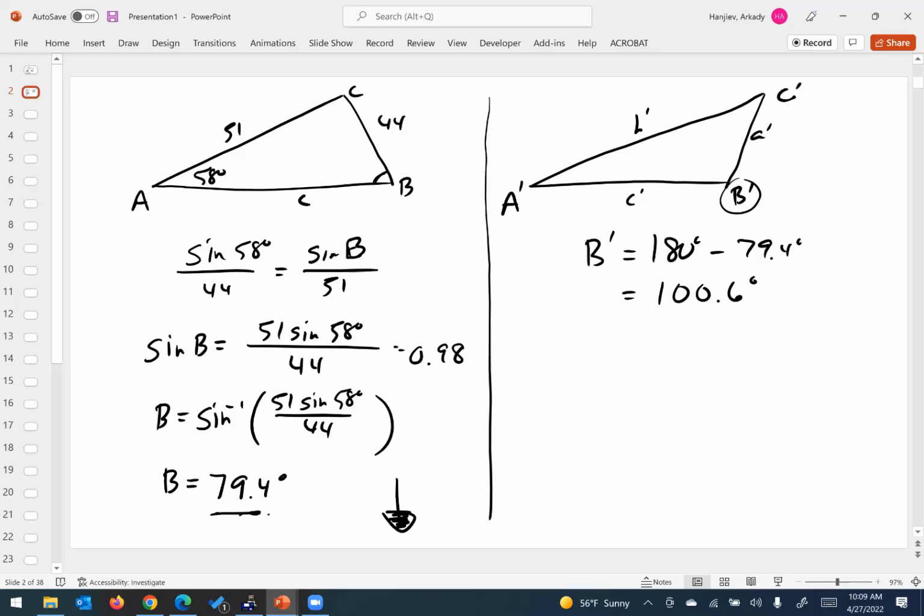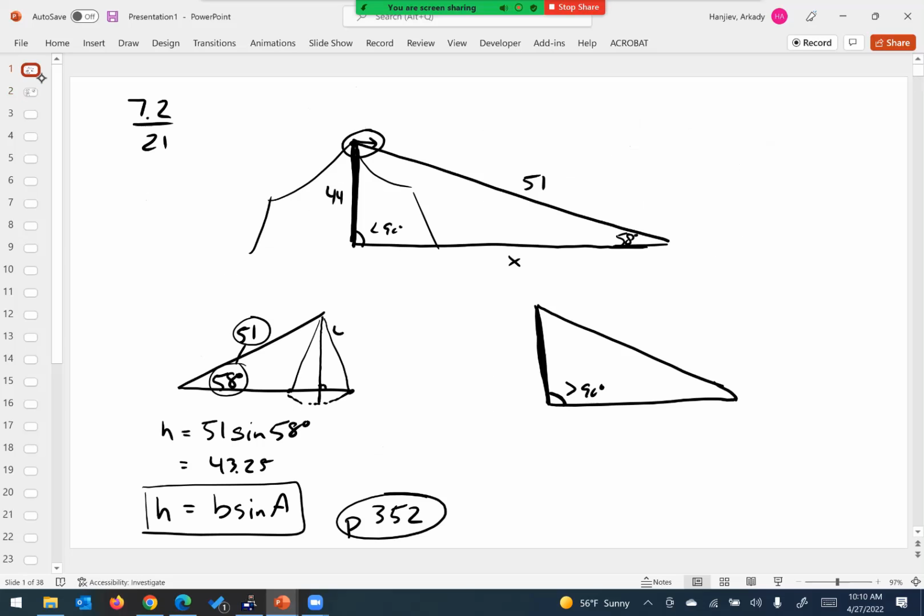And we need to do 180 minus 79.4 because of. Again? Yeah, sure, Dylan, absolutely. So this is what we've been talking about. So if you have, let me go back to the previous slide here. So this is what's happening here. You have an isosceles triangle on your hands when this little 44 meters swings both ways.